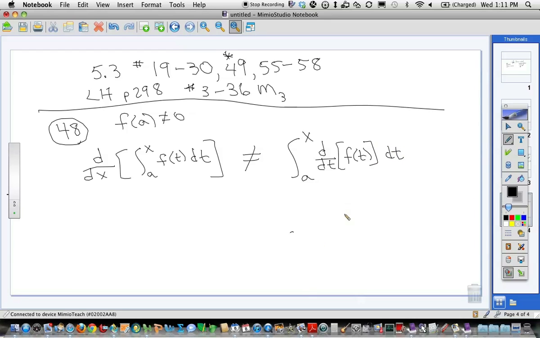Right? Did I copy that right? You're supposed to show that if this part is true here, that these two are not equal. Somebody want to take a crack at it?